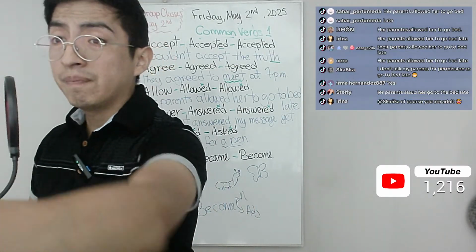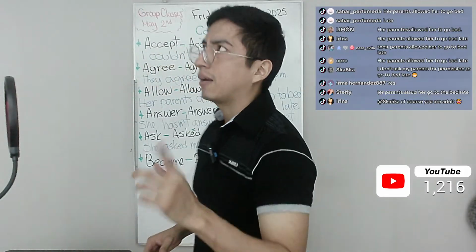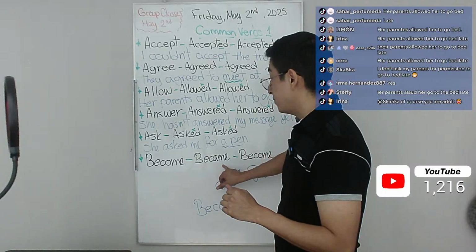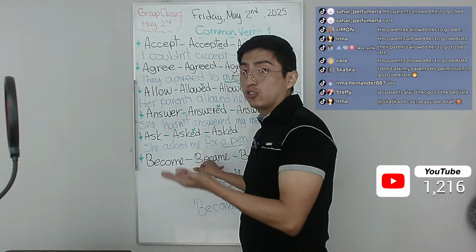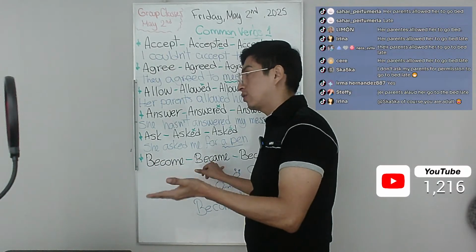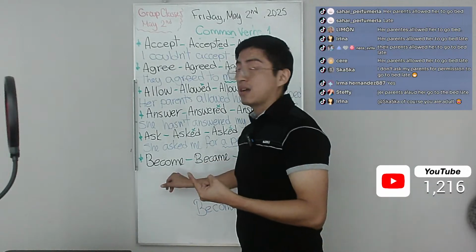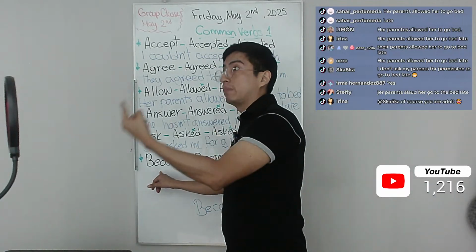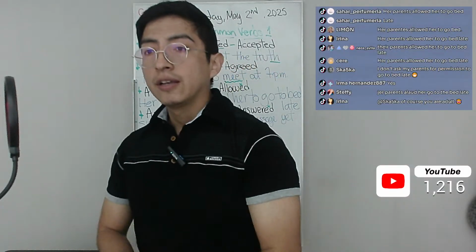I'll become a good English student. Okay. Yeah, but you can say I became a good English student, or you can say I'll become. Okay, in this case, the future.